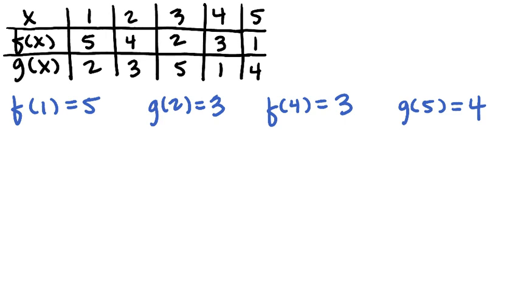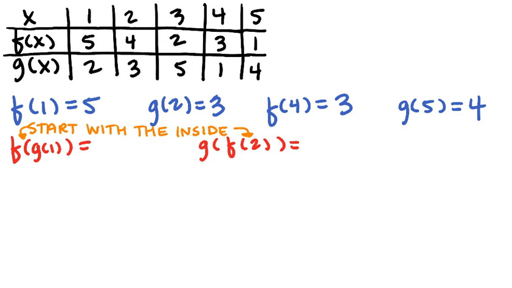Okay. So the next set we've got is some composition of function questions. So maybe f of g of 1 and g of f of 2. Well, my advice for this type of problem, for the composition of functions problems, is to start with the inside.